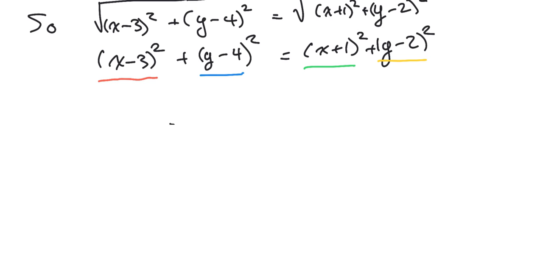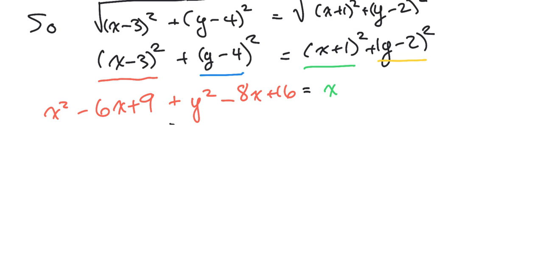So you're going to get x squared minus 6x plus 9 plus y squared minus 8y plus 16 is equal to, in green, x squared plus 2x plus 1.